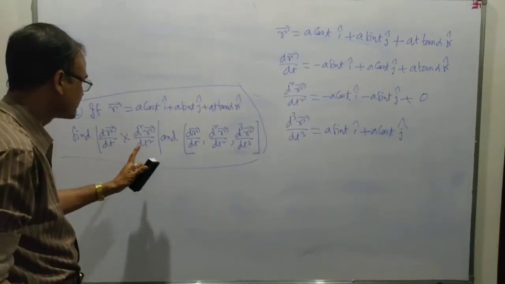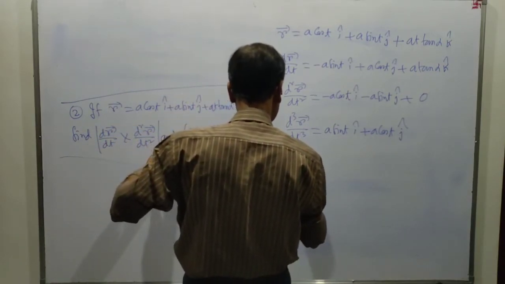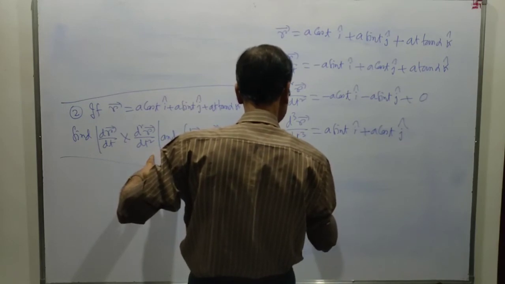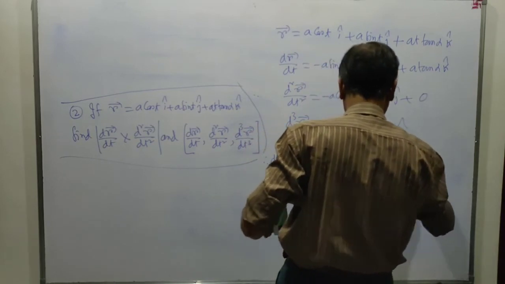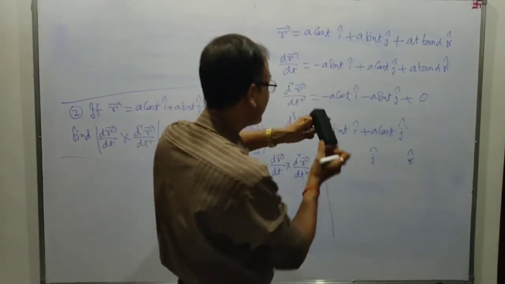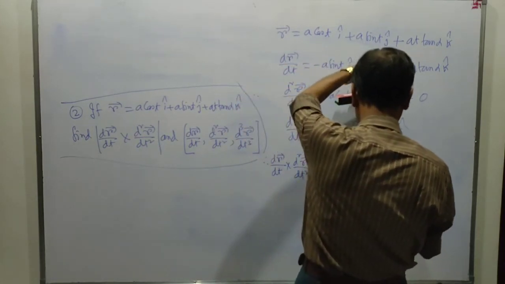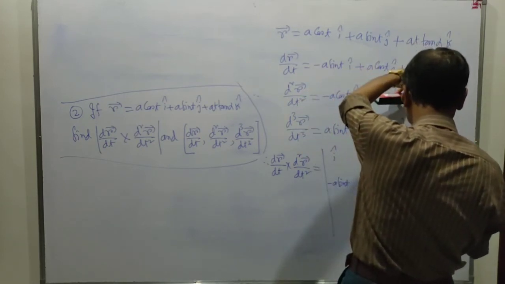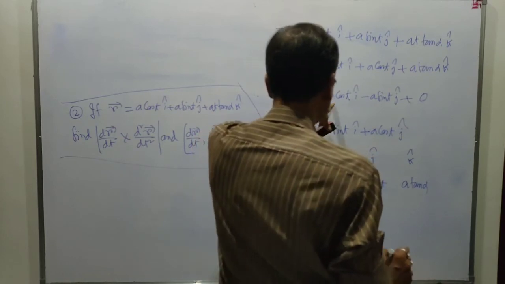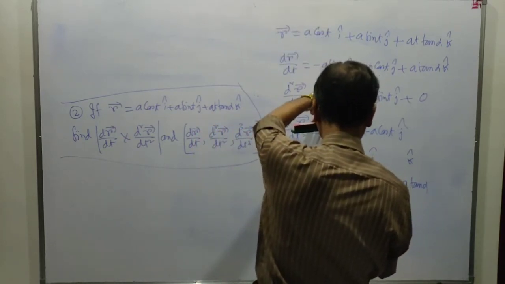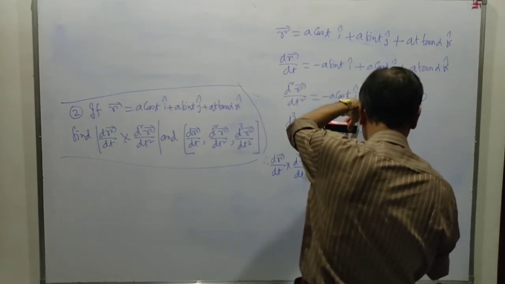Now this cross this. Therefore, dr bar by dt cross d2 r bar by dt square equals the determinant: i cap, j cap, k cap; for dr bar by dt write minus a sin t, a cos t, a tan alpha; and write minus a cos t, minus a sin t, and also 0.